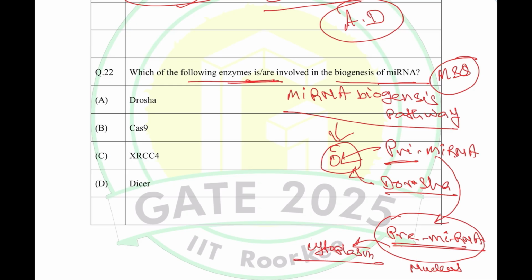And here there is another element present which is called Dicer. And Dicer is another RNase III enzyme which cleaves this pre-mRNA into a 20 to 23 nucleotide double stranded RNA.